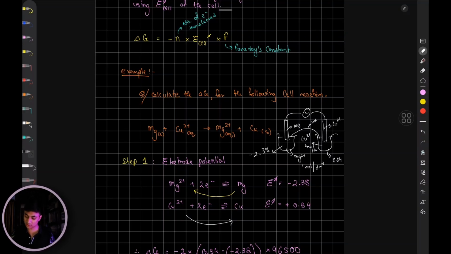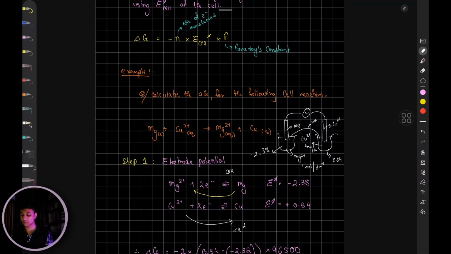Therefore, forward reaction. Again, remember, all your electrode potential equations should be written in the form of reduction. So for copper, forward reaction. For magnesium, backward reaction. For magnesium oxidation is taking place, ox, and for copper, reduction is taking place, red.